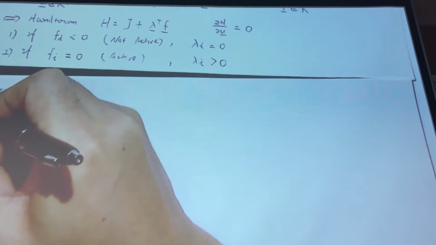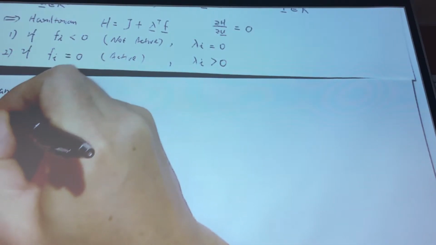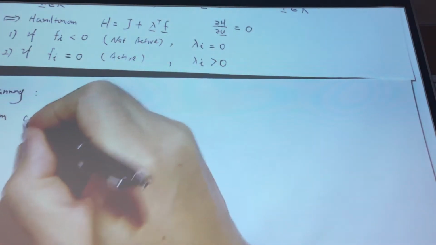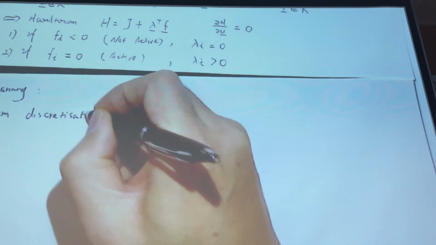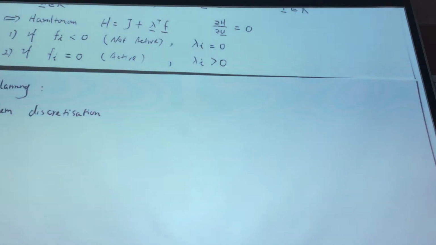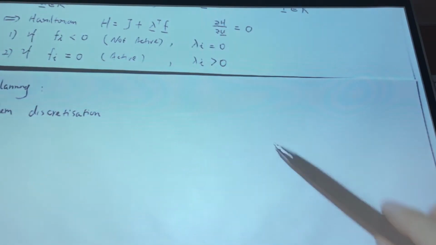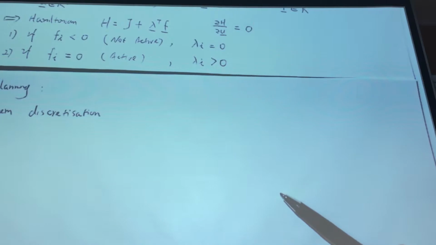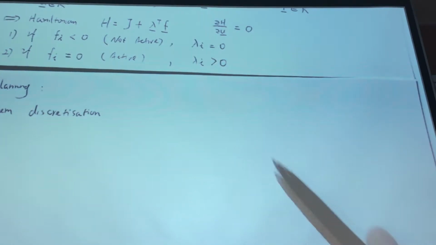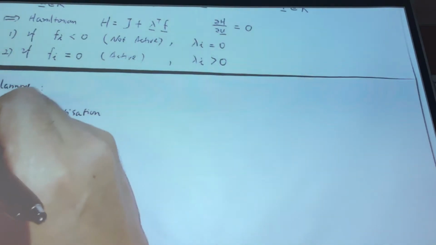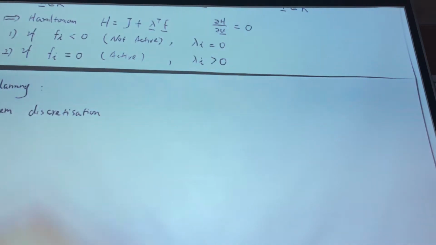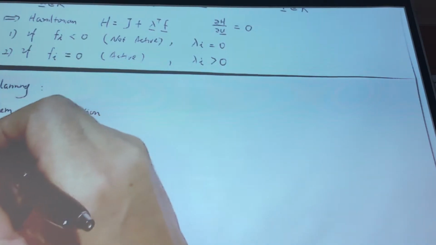We discretize the problem space so we get a set of control points, and we can optimize the paths in terms of the control points. The second category of techniques is calculus of variations.